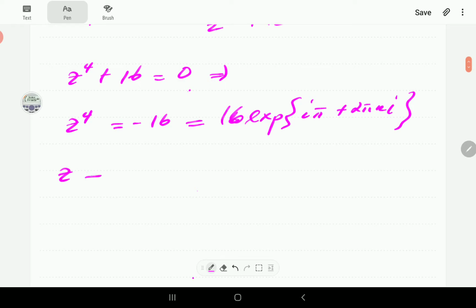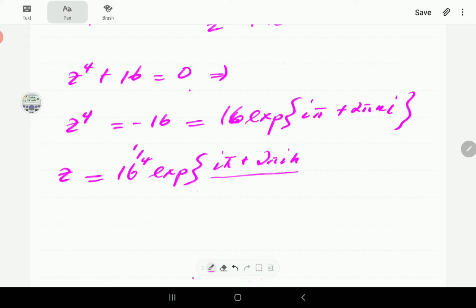Then z is going to be the fourth root of 16, times exponential of i pi plus 2 i pi k over 4. K here is going from 0, 1, 2, and then 3.